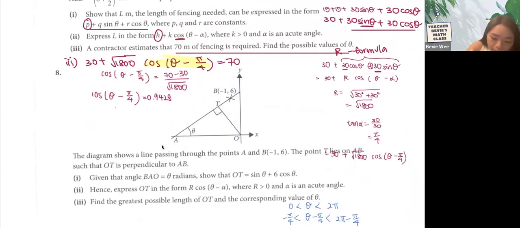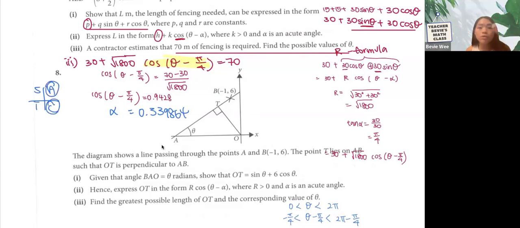Okay, so first step, finding alpha. Radian mode, guys. Calculator, very important. Make sure it is in radian mode. So this is cosine inverse 0.9428, which gives me 0.339864. Quadrant, ASTC, cosine positive, AC quadrant. Again, remember, we are finding in terms of theta minus pi over 4, not just theta.